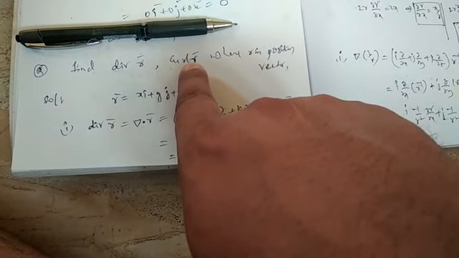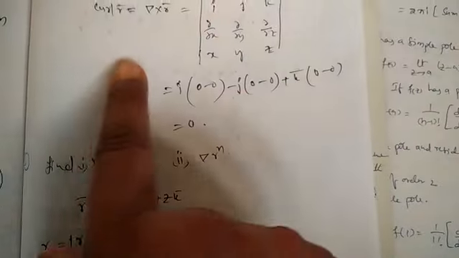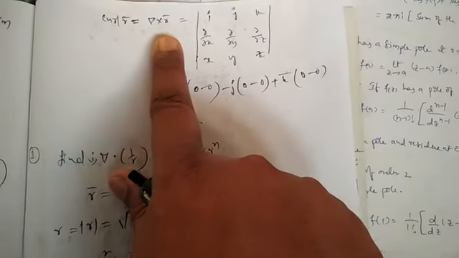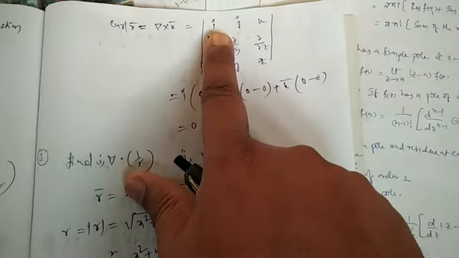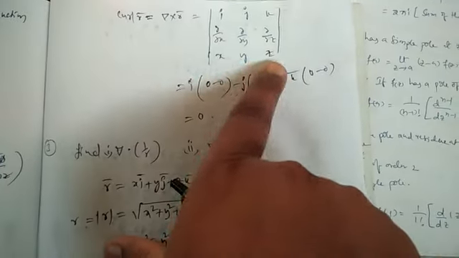Next, curl R bar equals del cross R bar, with rows i, j, k; ∂/∂x, ∂/∂y, ∂/∂z; x, y, z.